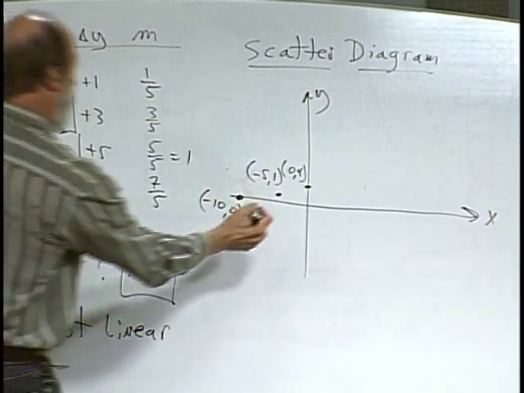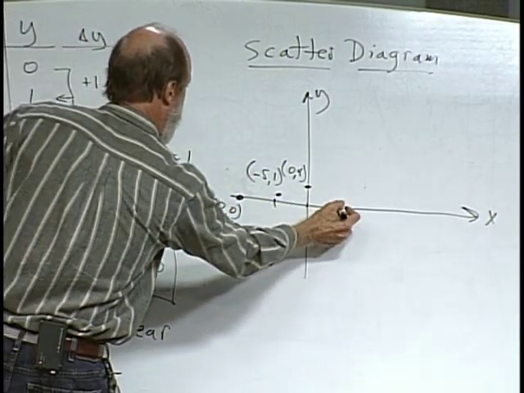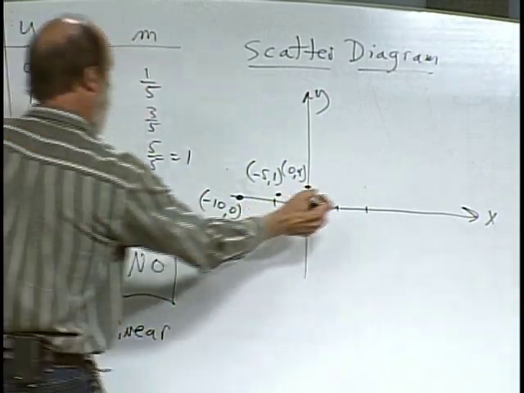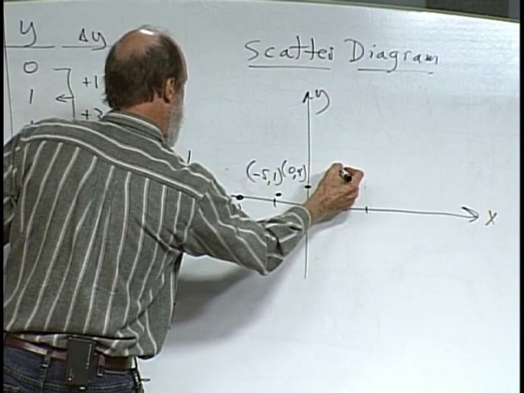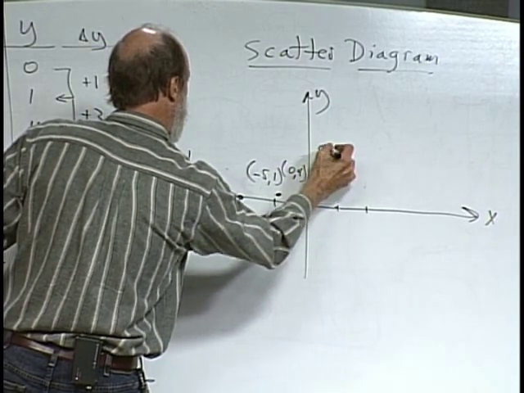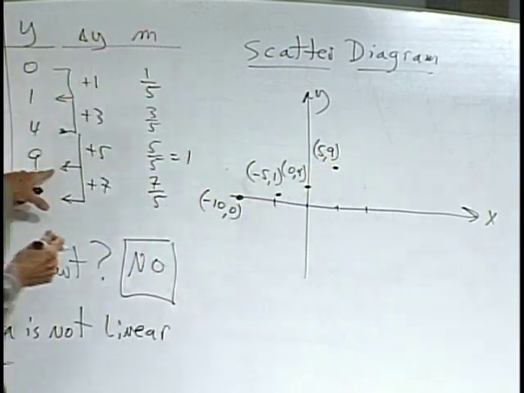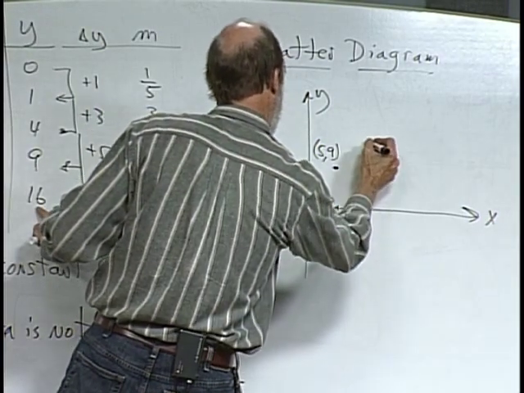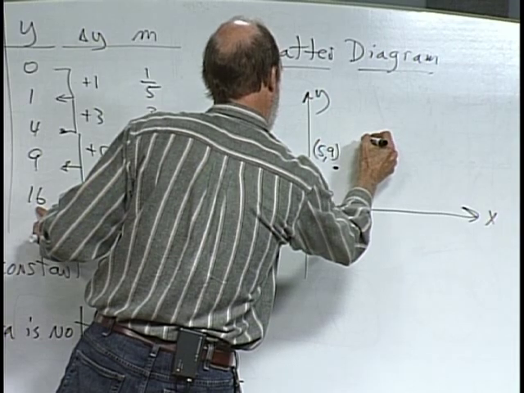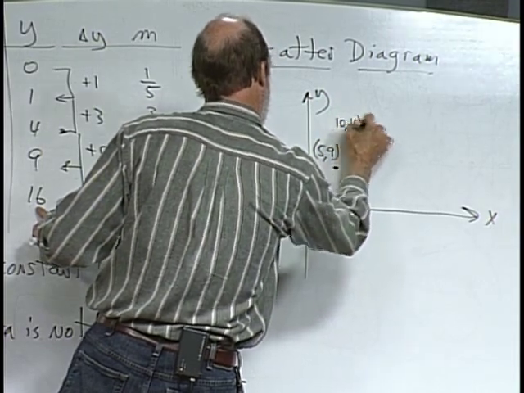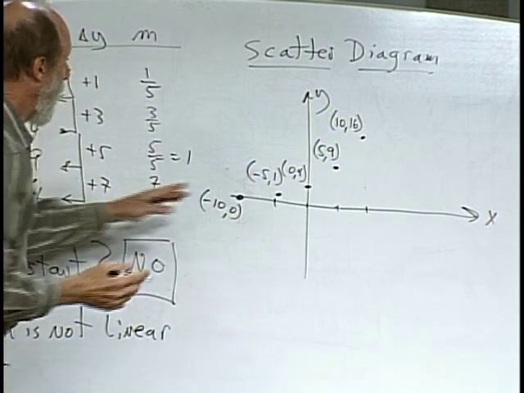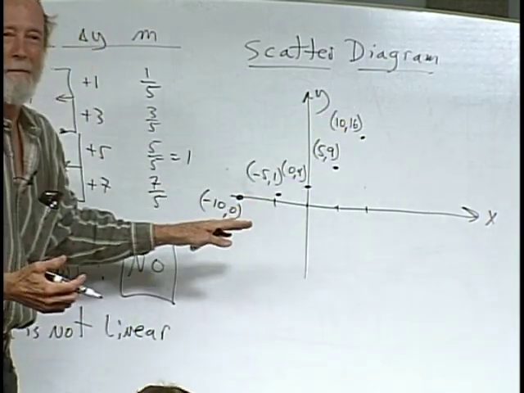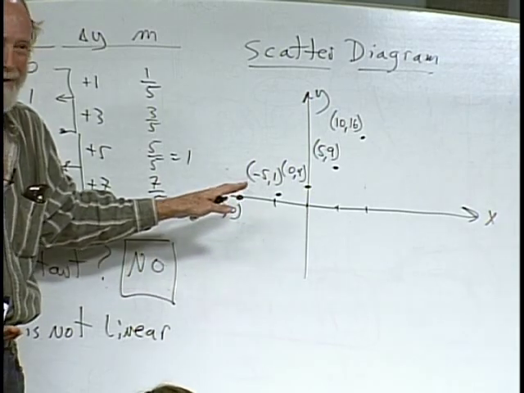At 5, notice my scaling's a little screwy here. At 5, I'm up at 9. And finally, at 10, I'm at 16. Does that data look linear? Clearly, no, right?